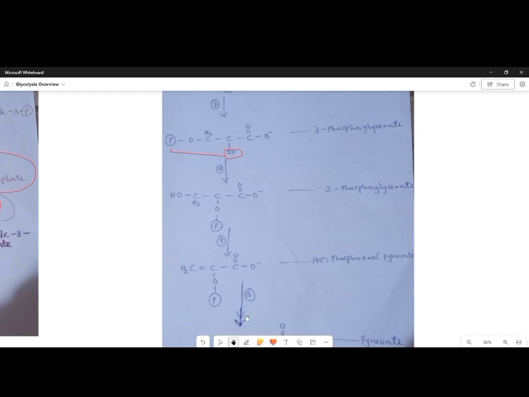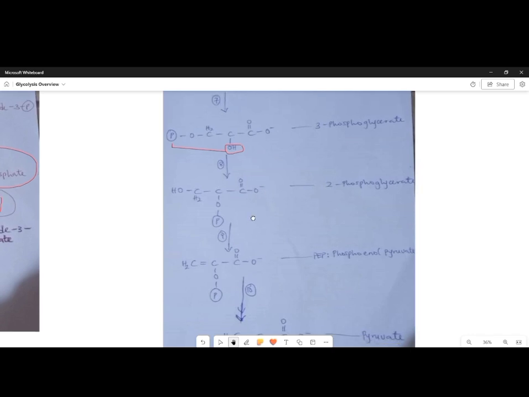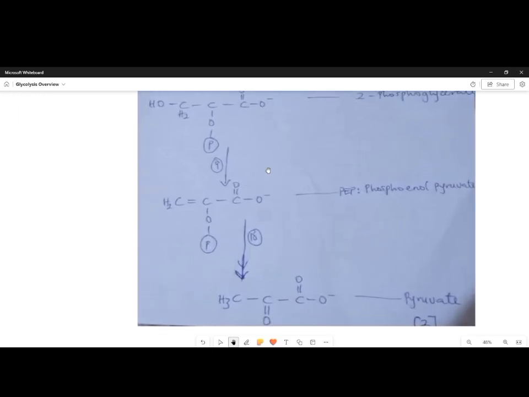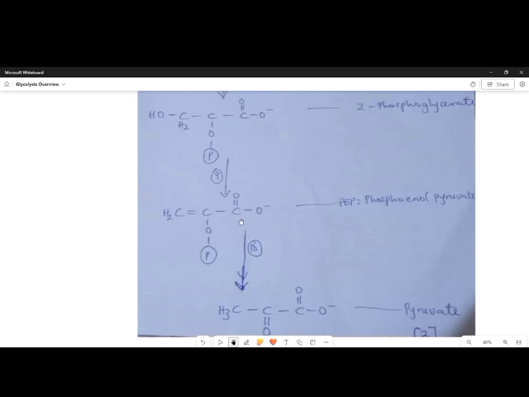Okay, in step 9, let me zoom out a little. In step 9, the 2-phosphoglycerate is converted to phosphoenolpyruvate, the PEP.